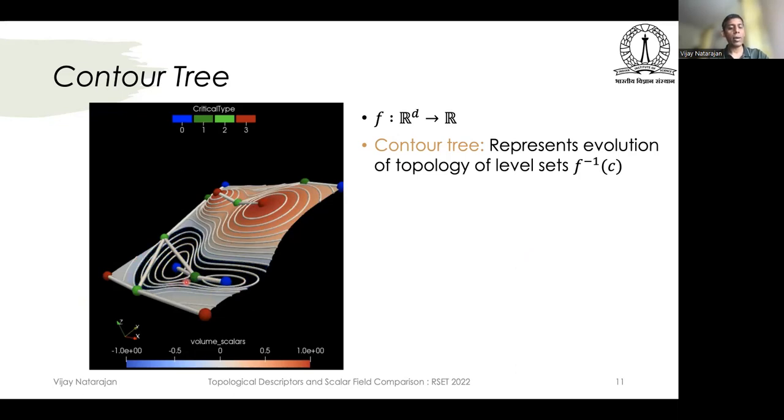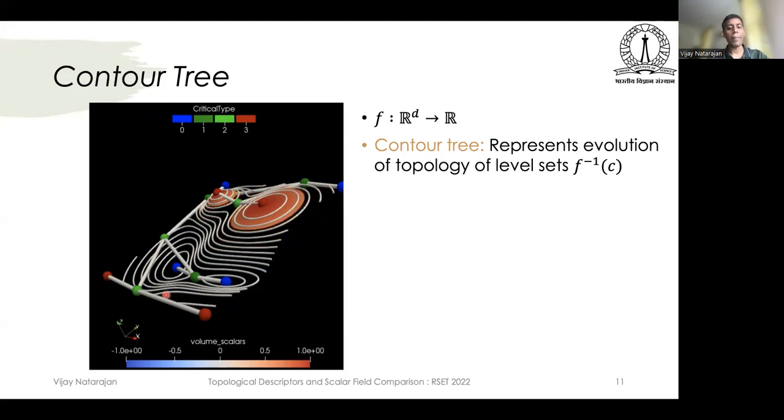So the boundary of this black region is called the level set or isocontour. It's the collection of points which have a given function value. If you track the topology of this level set or isocontour, what you get is the tree.